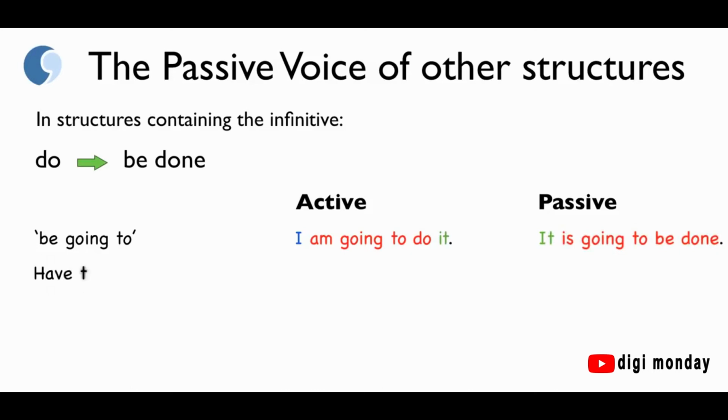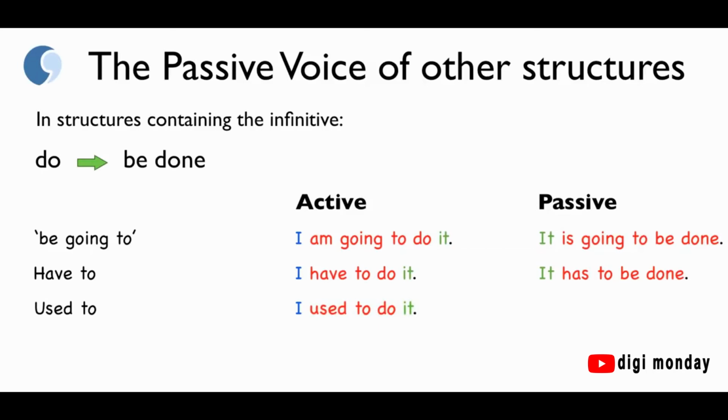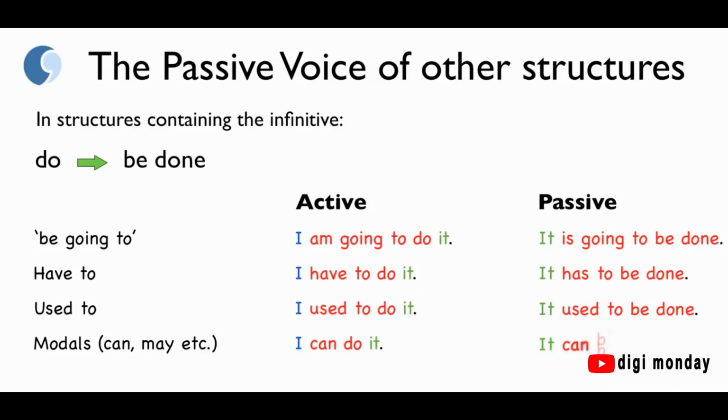Have to, I have to do it, it has to be done. Used to, I used to do it, it used to be done. Modal verbs like can, may with infinitive without to, I can do it, it can be done.